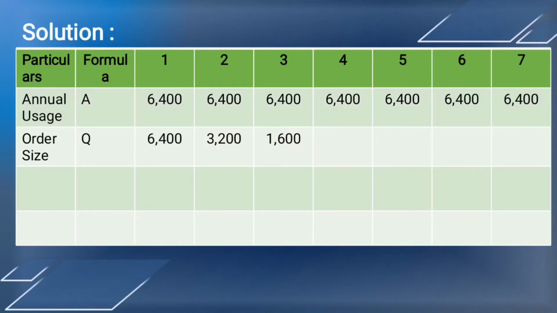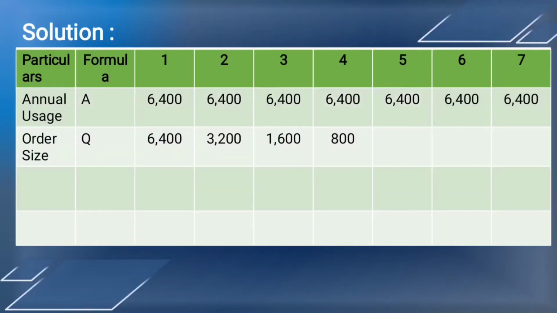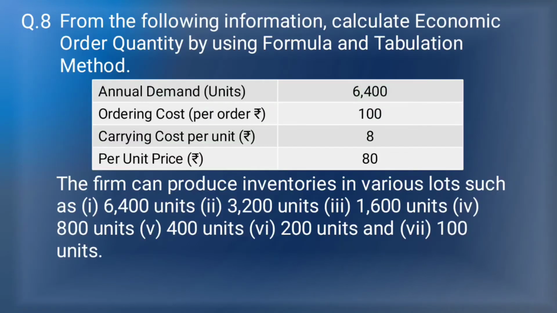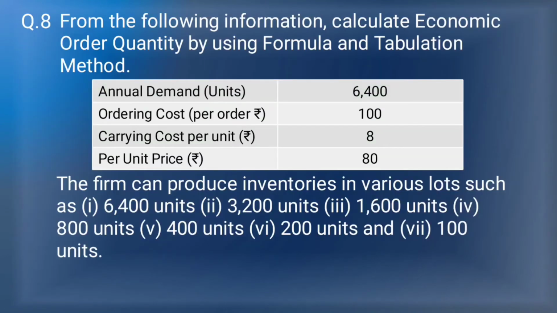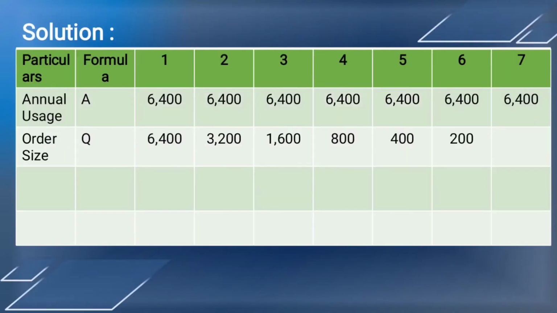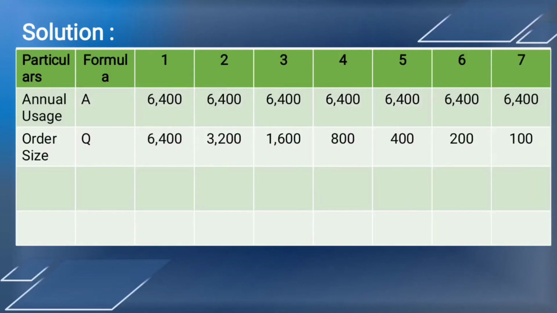For lot 4 it is given as 800 units. For lot 5 it is given as 400 units. For lot 6 it is given as 200 units. And for lot 7 it is given as 100 units.